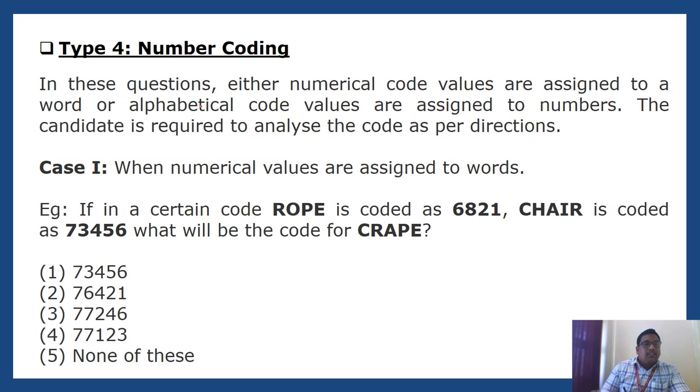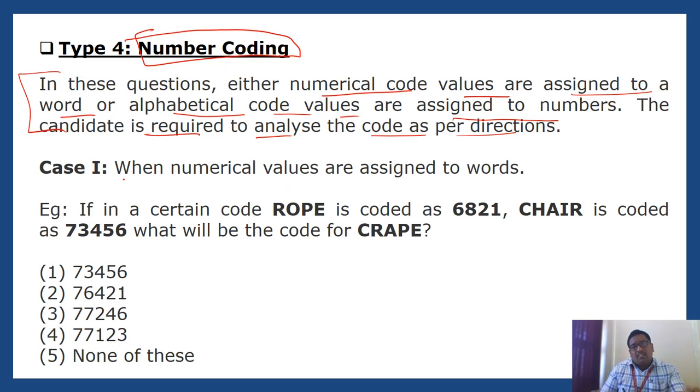Next, the fourth one is number coding. So what is happening in number coding? In these questions, either numerical code values are assigned to a word or alphabetical code values are assigned to numbers. The candidate is required to analyze the code as per direction. It's better we understand this definition with an example.